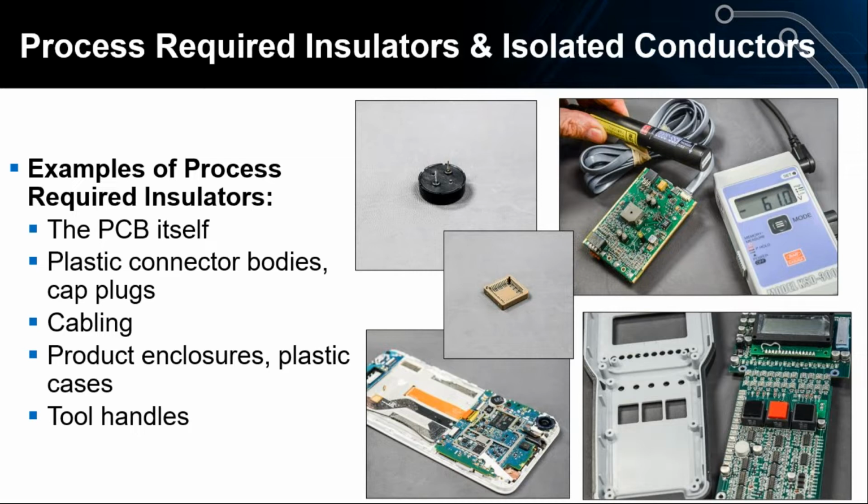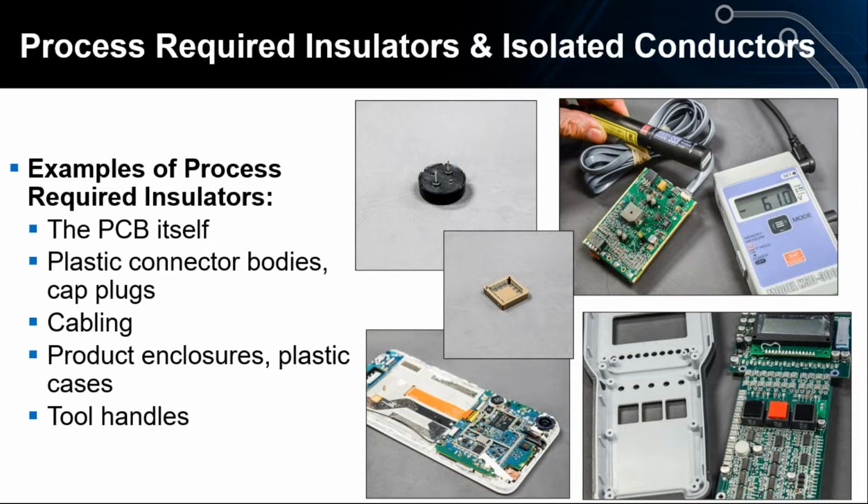If the insulator has 2,000 volts plus, it has to be a foot away. And of course, if you can't do the distance situation, which is often the case in process required insulators, then you need to think about ionization.